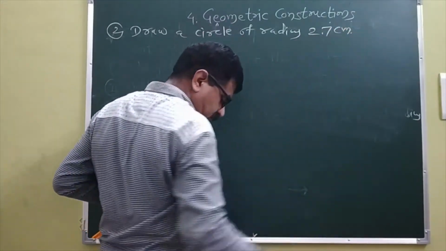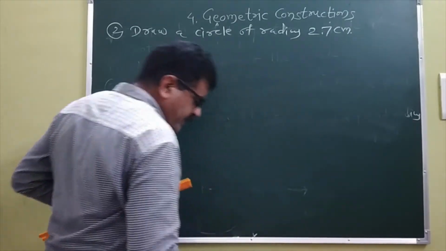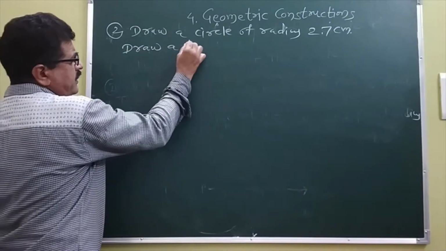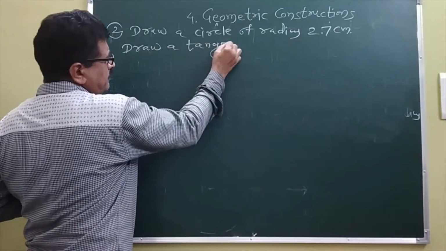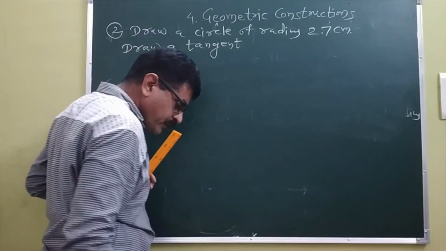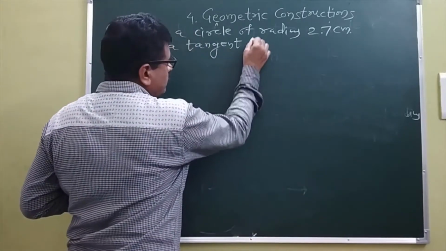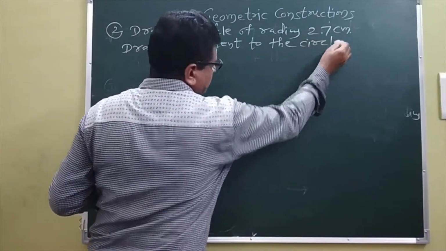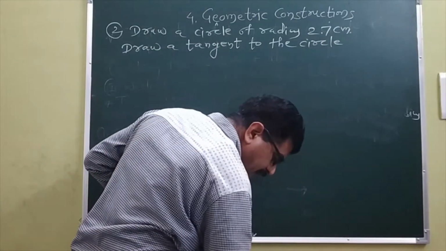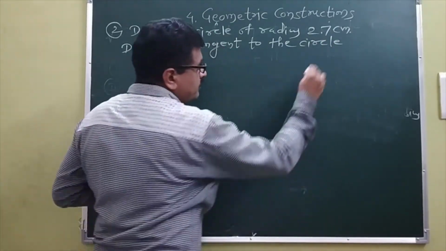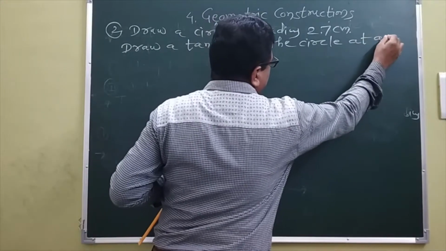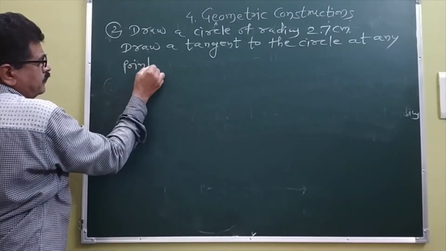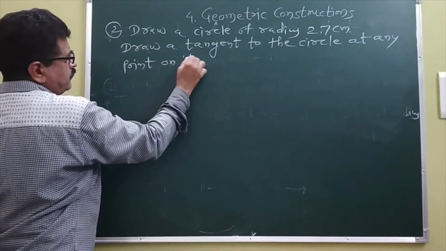Draw a tangent to the circle at any point on it.